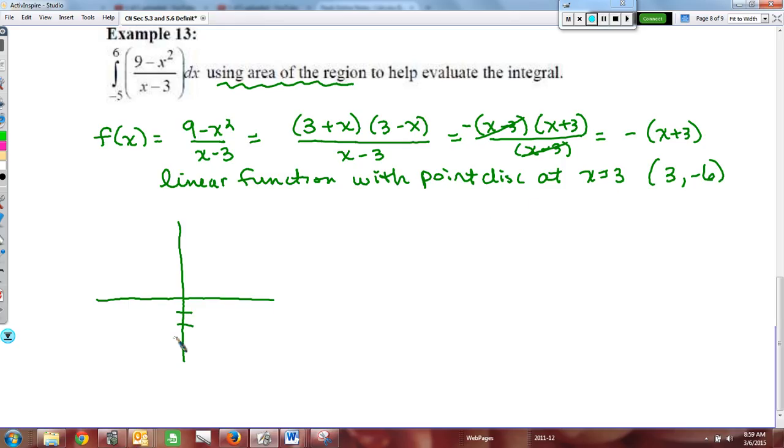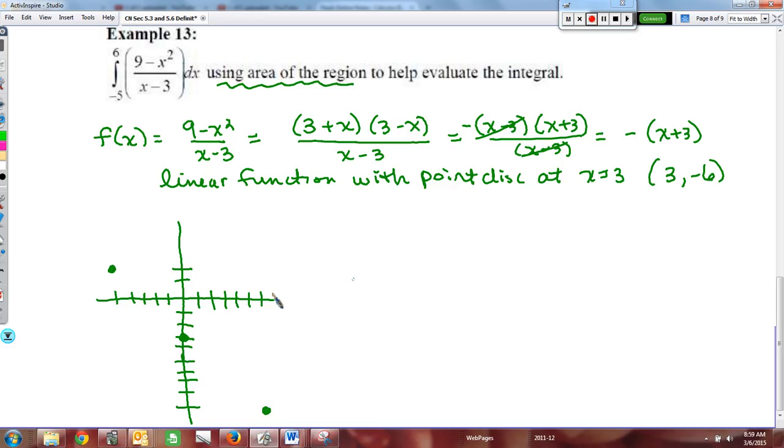We have 3 as our y-intercept. Since I want to go to negative 5, negative 5 plus 3 would be negative 2, which would give me 2. And then I'm also going to do 6. 6 plus 3 is 9, so we'd be at negative 9 when I am at 6.